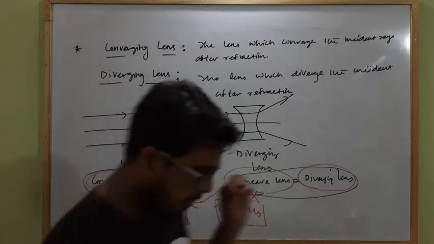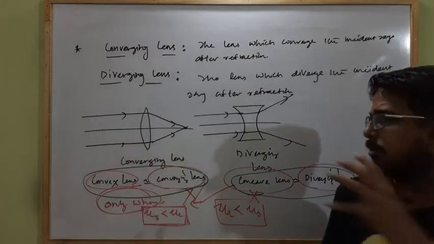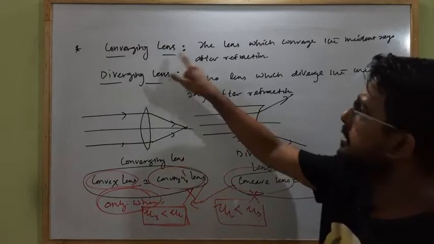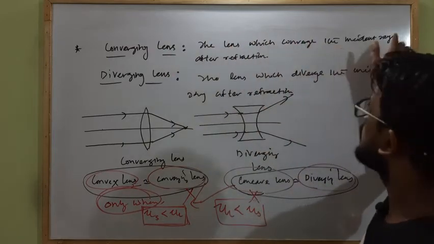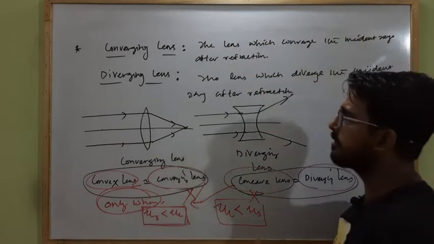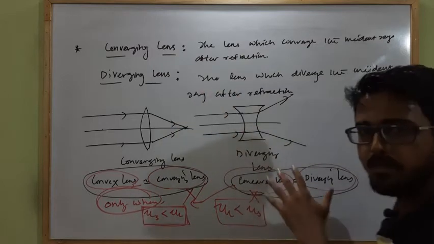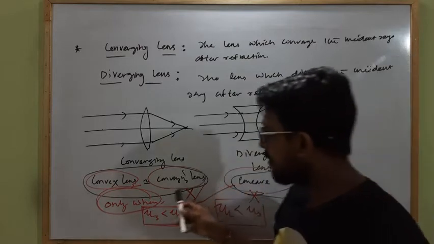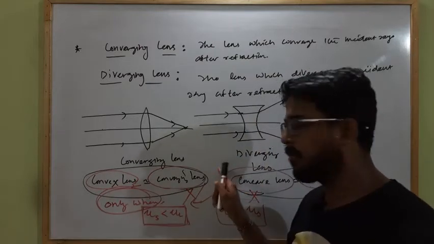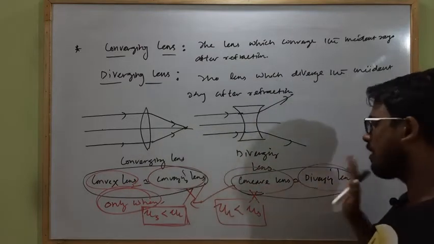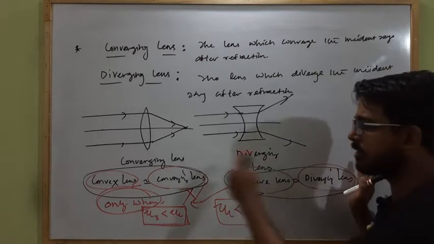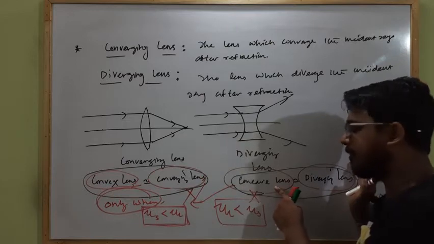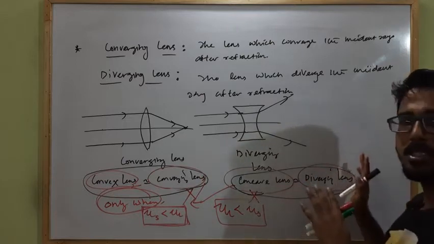Okay, so whenever you have to answer what is converging and what is diverging lens, converging lens is the lens which converges the incident ray after refraction and diverging lens is the lens which diverges the incident ray after refraction. But never say that a convex lens is a converging lens or a concave lens is a diverging lens, because a convex lens can also behave as a diverging lens and a concave lens can also behave as a converging lens.